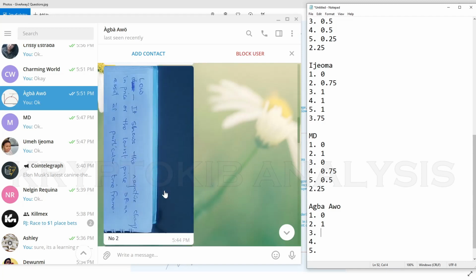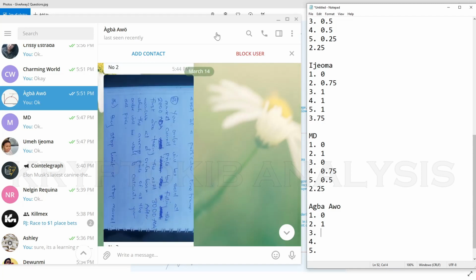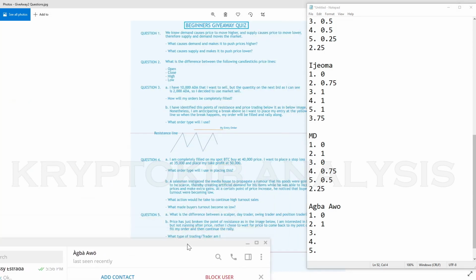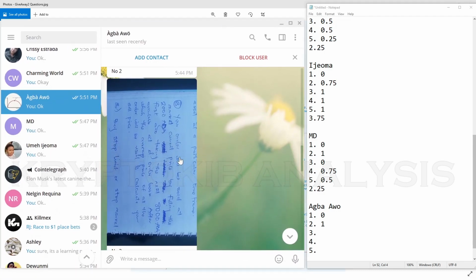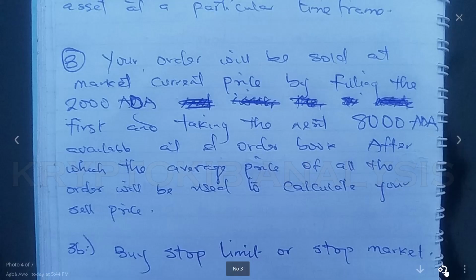Then number three. What is that number three once again? That number three is, okay, market order and stop limit. Your order will be sold at market current price by filling the 2000 ADA first and taking the next 8000 ADA available on the order book, after which the average price of all the orders will be used to calculate your sell price.